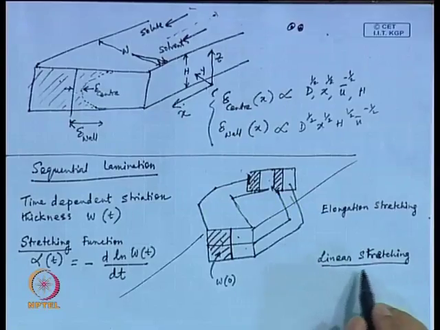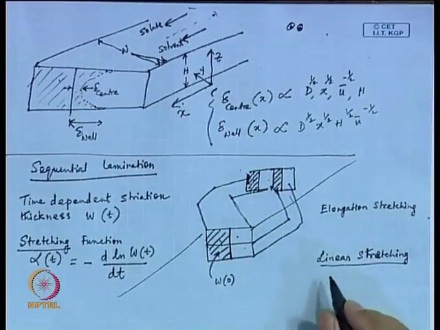So, I have a stretching. If I consider some finite time T f, after that time these 2 points are located at different places, and the distance between them is that stretching. That stretching is referred to as linear stretching.